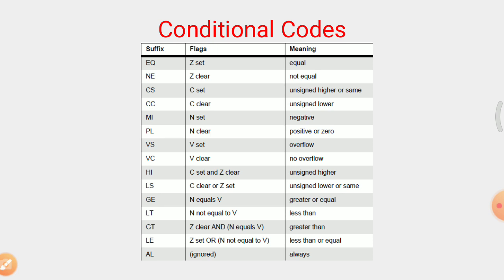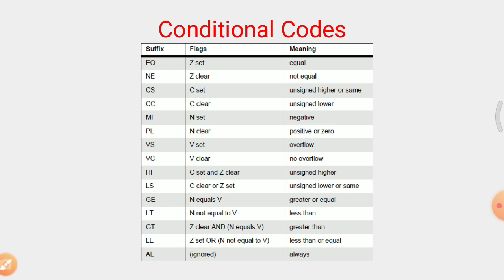VS, where if there is an overflow, then only the instruction is going to be executed. V is the overflow flag. So if V is equal to 1, then the instruction is going to be executed when we use VS. If we use VC, the instruction is going to be executed only when V is equal to 0.